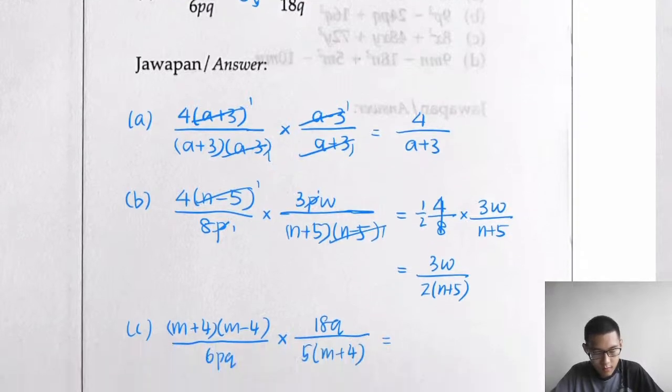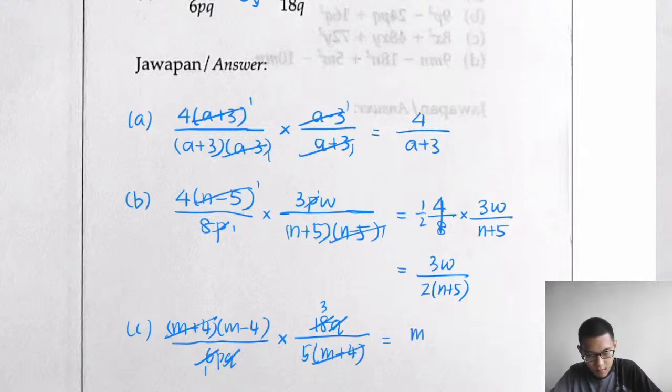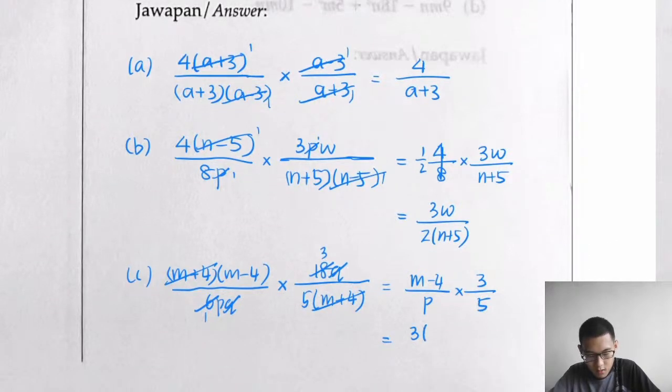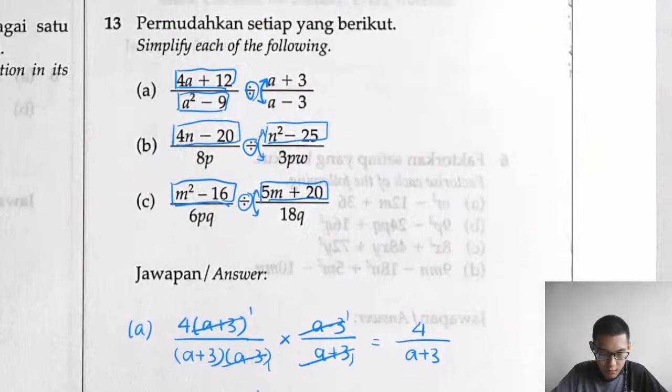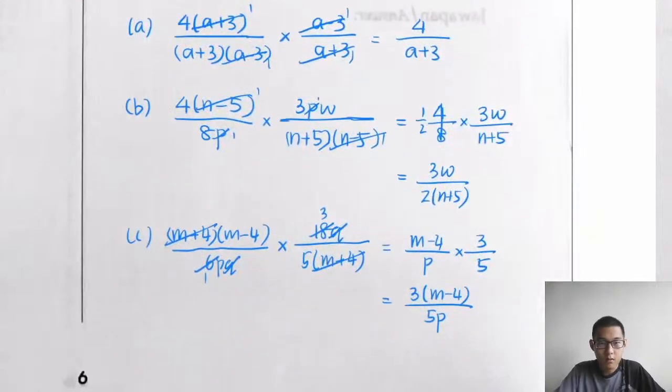So now we have this 18q, we can simplify. 18 becomes 3, 6 becomes 1. Because here we have m plus 4, simplify. So now we are left with m minus 4. Here we have p times 3 divided by 5. So now we get the answer 3 times m minus 4 over 5p. Is your answer enough? Because simplify, simplify. Okay, done. You can stop here.